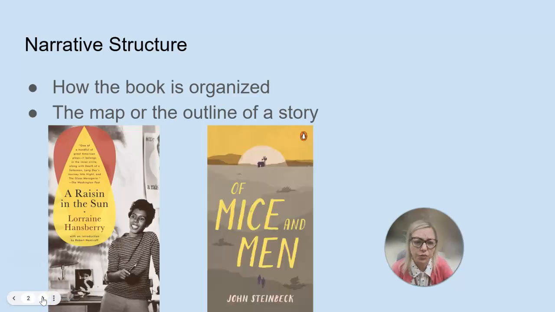Now, last year you also read the novel Of Mice and Men that has a similar narrative structure in that things all happen in a short period of time, right? At the beginning of this book, we meet George and Lenny as they arrive at the new farm where they're going to start working, right? And then we see their lives on this farm every few days and see the events evolve.